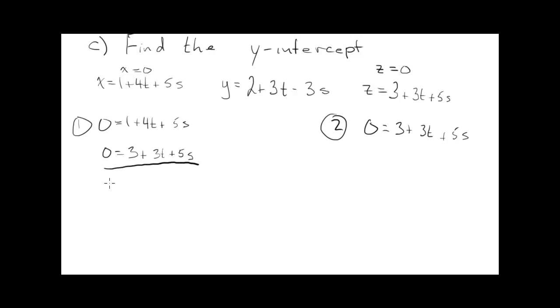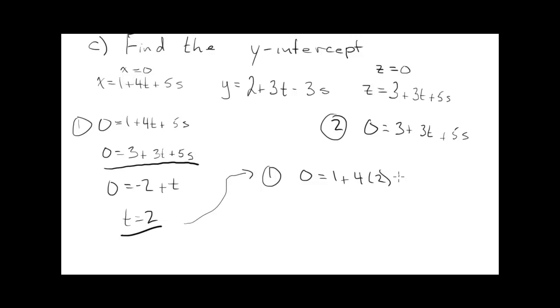So I can do that by subtracting. So t is equal to 2. And then figure out what s is equal to. So I'll sub that back into, let's say, 1. So 1 was 0, 1, plus 4 times t, which in this case is 2, plus 5s.